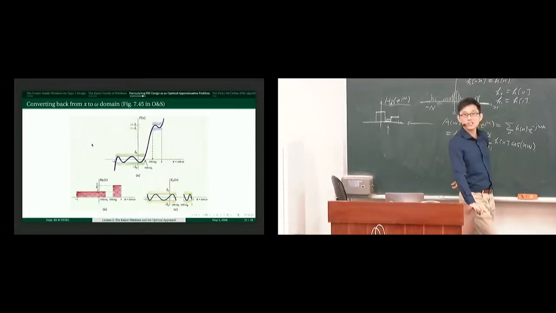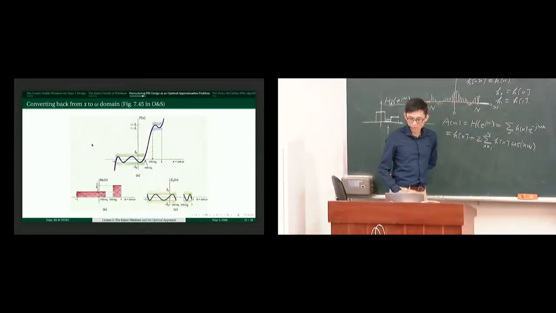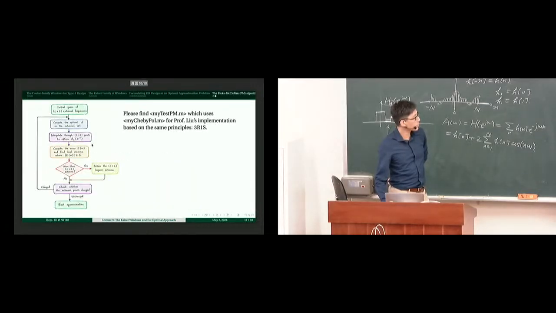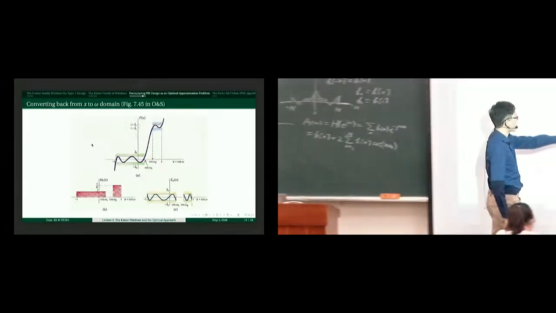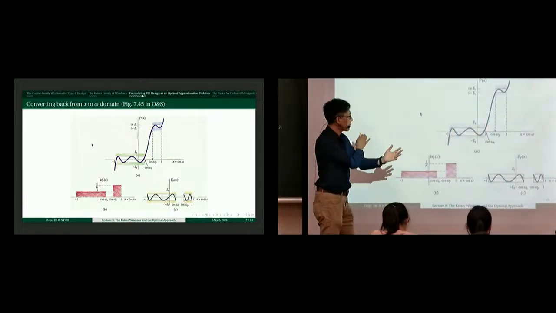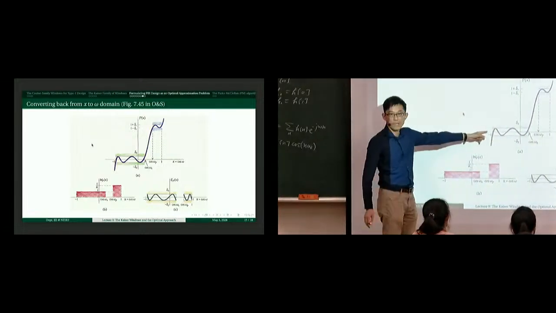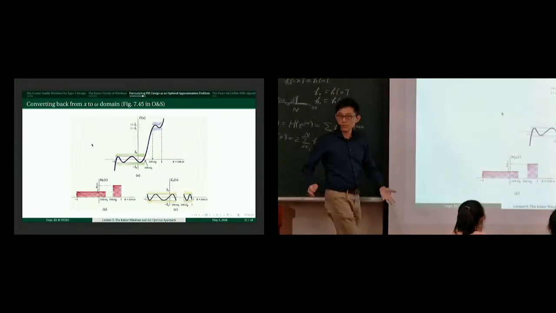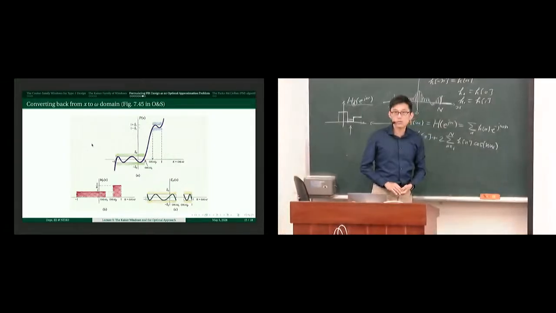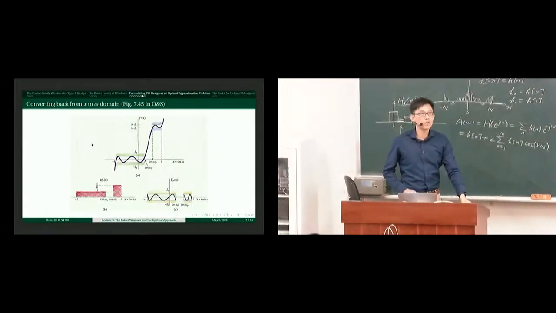Okay, less than 50 years of history. Pretty relatively new math, an algorithm that has been proposed to find such a polynomial that gives you the best approximation with a passband right here, stopband right here, and when we go back to the omega domain, this is actually a low-pass filter. Okay, this is a low-pass filter. So that's all I want to say about the preview for optimization-based FIR design.